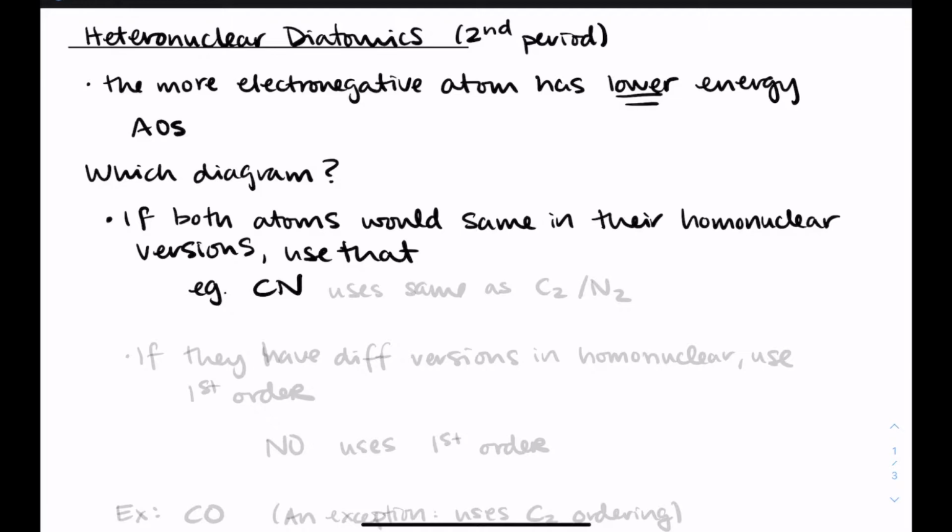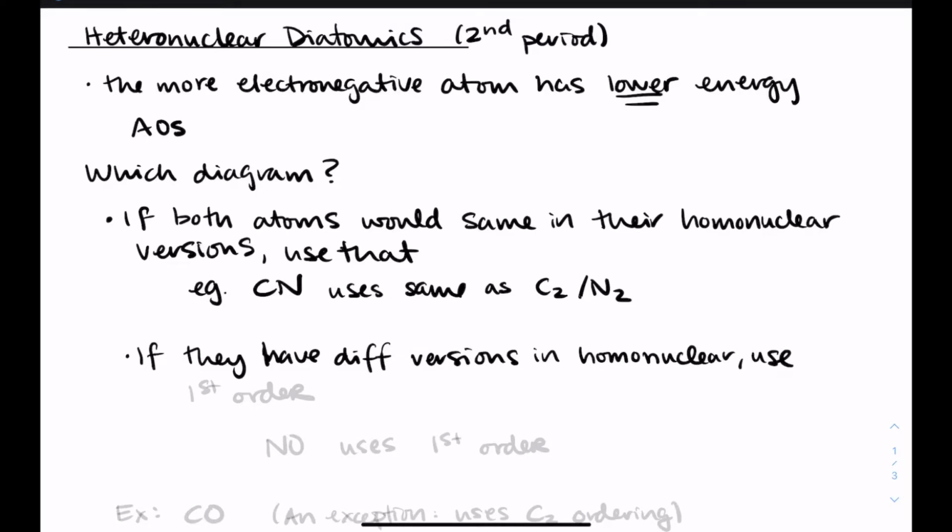So we would use a second order correlation diagram in the carbon nitrogen heteronuclear diatomic version. So carbon and nitrogen, both on the same side, use the same you would use for C2 or N2.